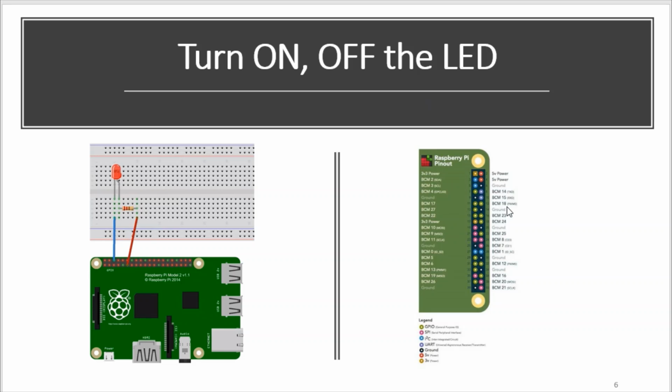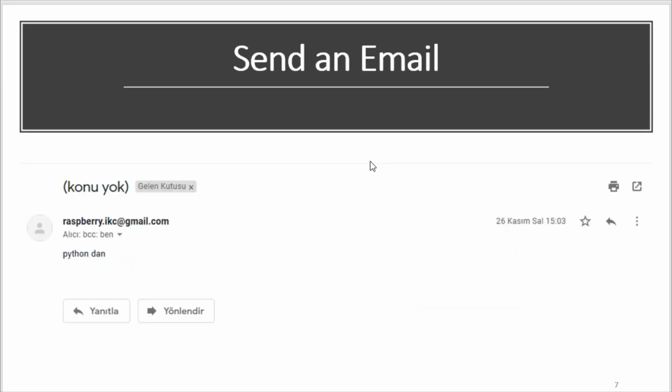So this is the GPIO of Raspberry Pi. Then I sent an email to the user. I mean a normal email was sent by using Raspberry Pi.